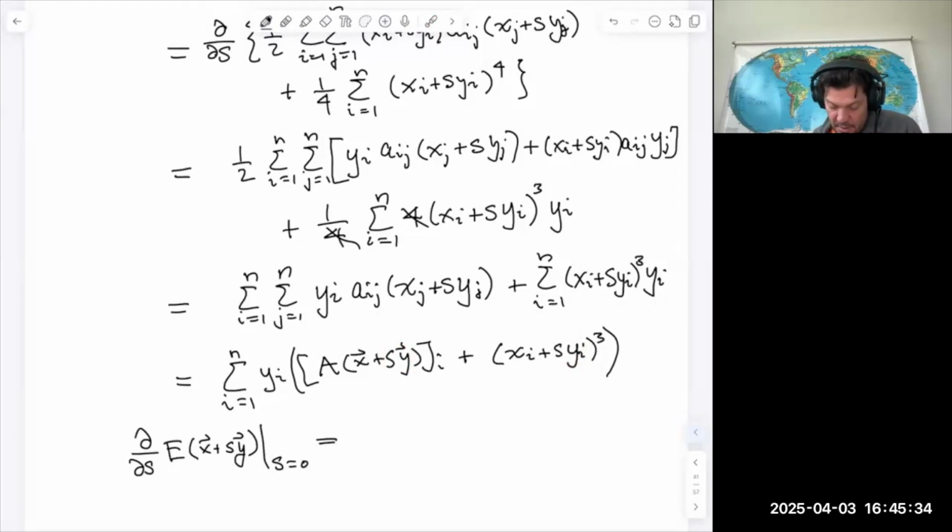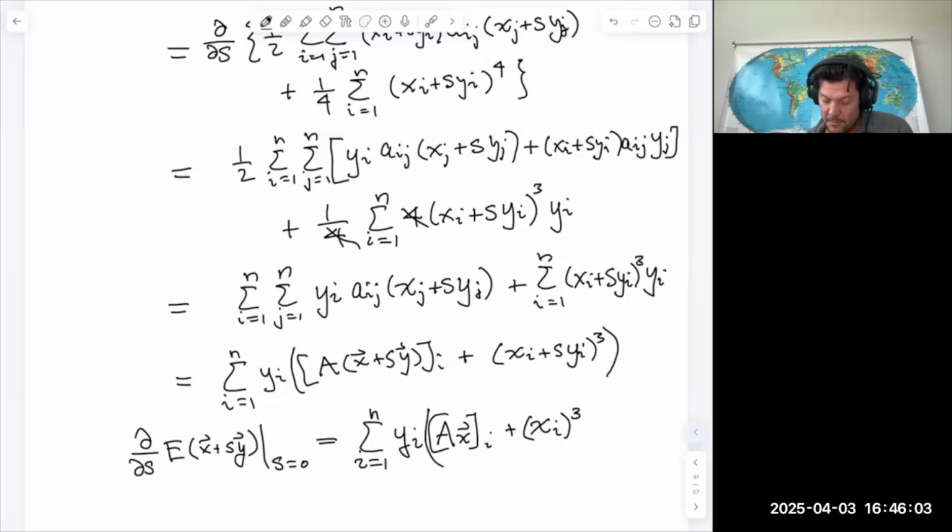So that becomes the sum from i equals 1 to n of yi times the quantity a x, ith component, plus xi cubed. So this object here defines what is called the gradient of the function. This tells us what the derivative of that function is.